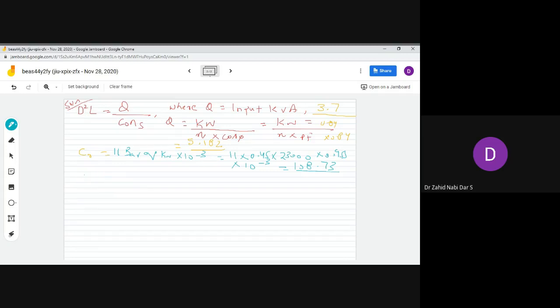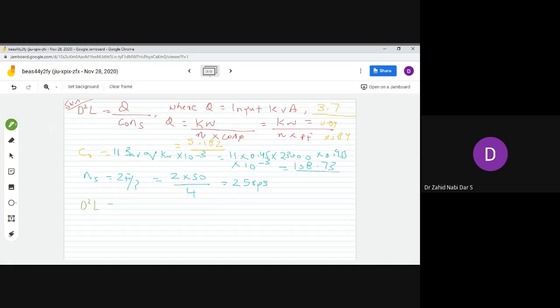Then synchronous speed is equal to 2F by P. So this synchronous speed 2F by P would be 2 into 50 divided by the number of poles, so it would be around 25 RPS. Now again, if you see here, you have all the values.